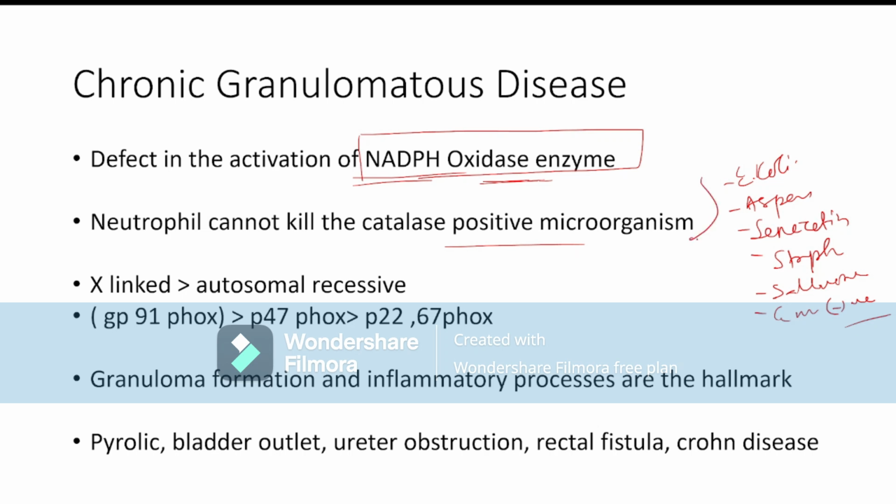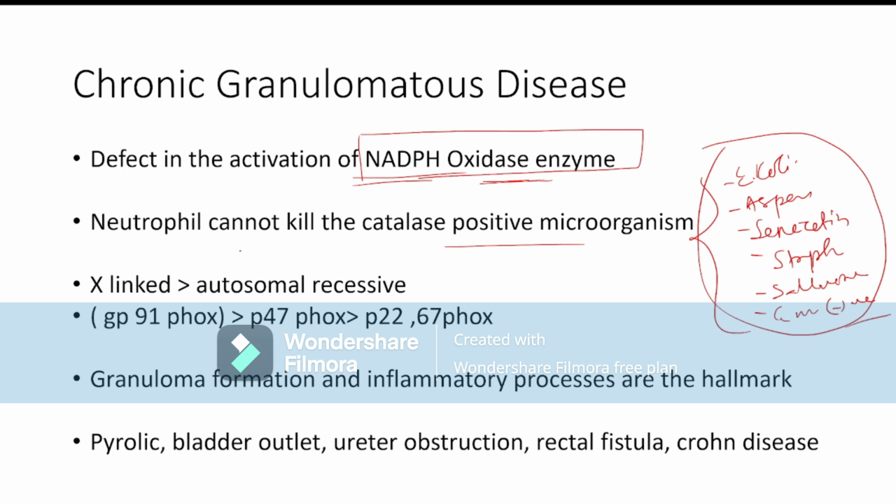So these are the catalase positive organisms. The child is suffering from these catalase positive organisms only. The child cannot suffer from an infection by catalase negative organisms. That means Streptococcus can be killed by the body.